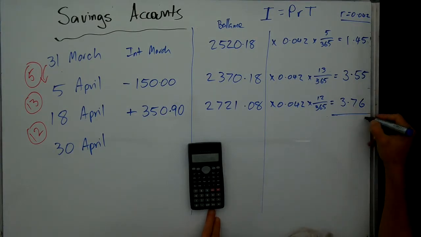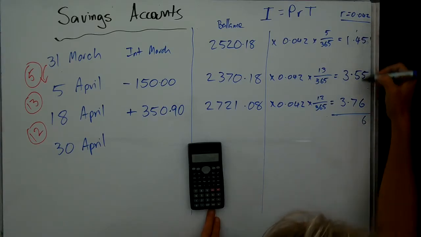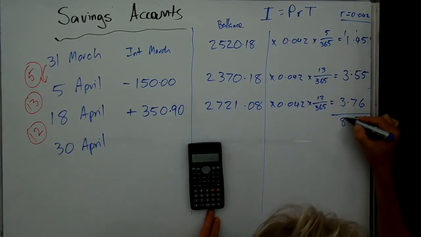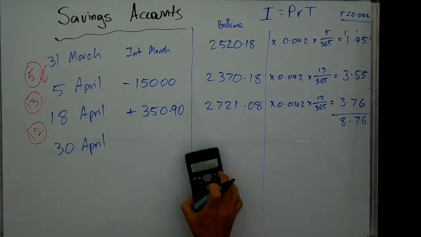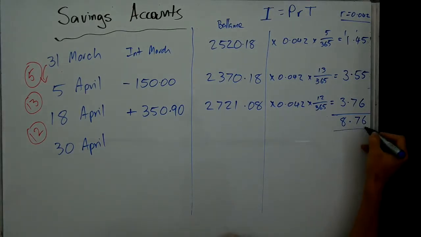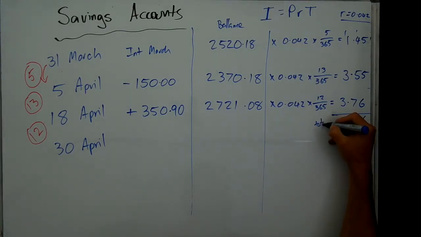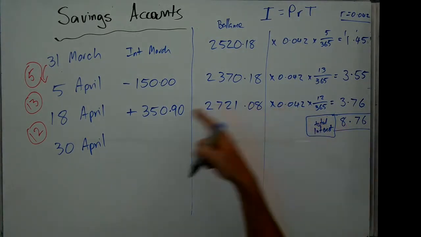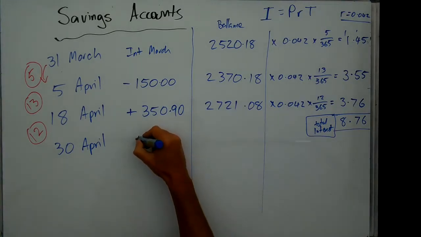5 and 5 is 10. 16, 7, 3, 16, 8. So we've got $8.76 in total. This is our interest. Which is then added into the account.